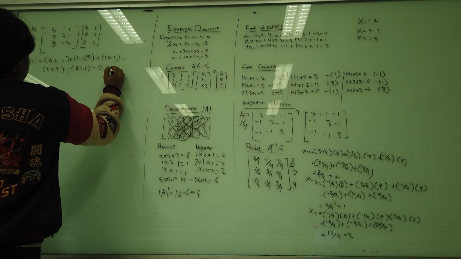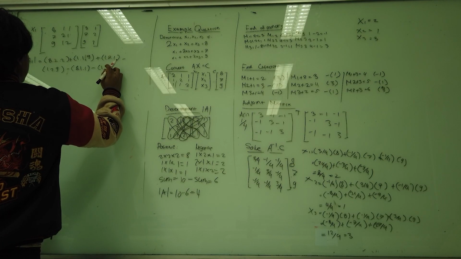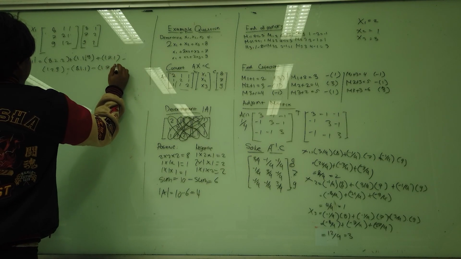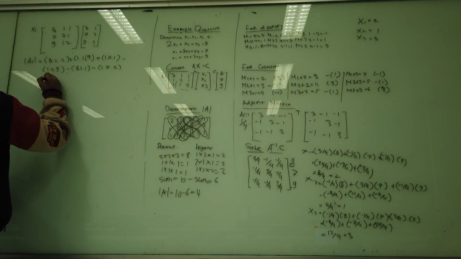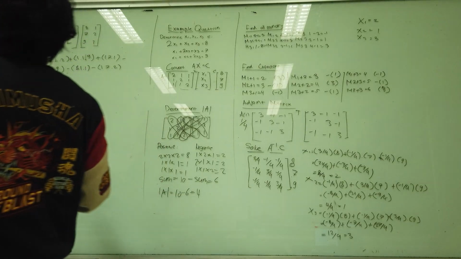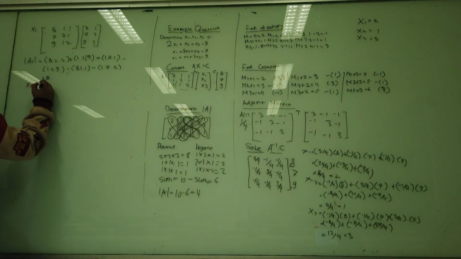Oops, 1 times 7 times 2. Equals to 8. Okay. And so we just need to calculate it.